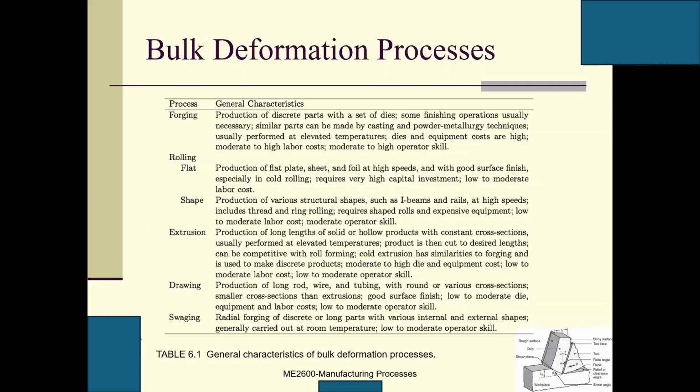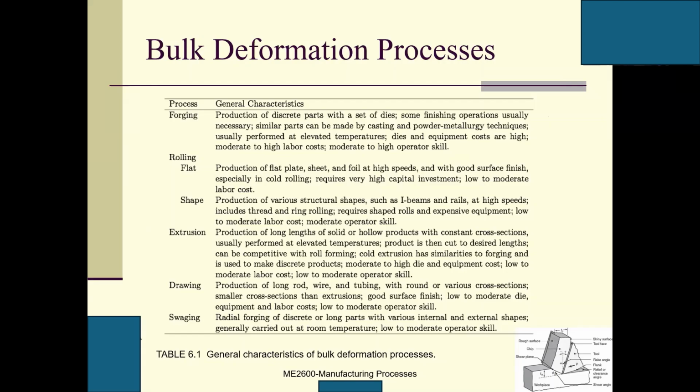So here are the commonly seen bulk deformation processes. Forging and rolling, we have flat and shape, and extrusion, drawing and heading. Forging is the oldest one. This is the oldest form that our human ancestors have used. So this is forging and rolling.